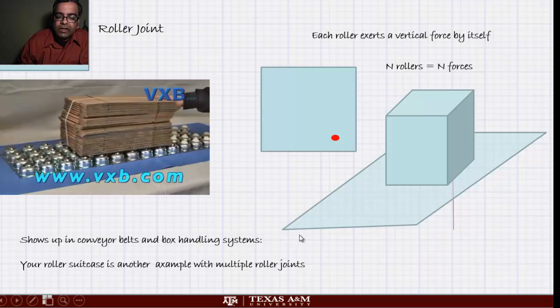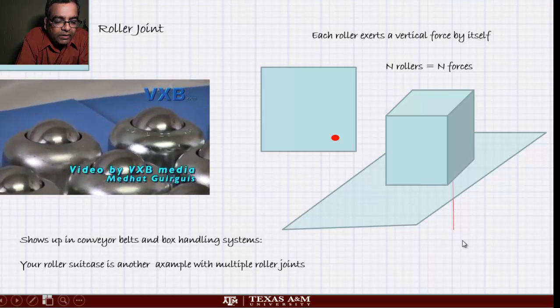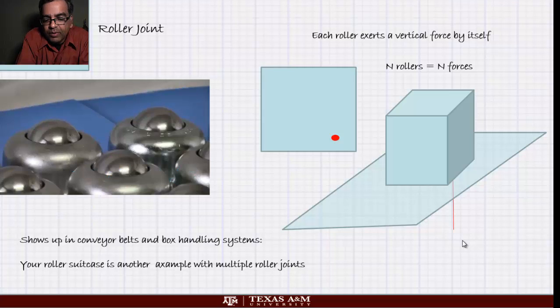And there is a single force. It allows all kinds of other things freely available. So you can rotate it around in different directions. You can rotate it this way, you can rotate it that way. But each ball provides one force. So if there are n rollers, you will get n forces. That's how you actually get a distributed load on the base of something.